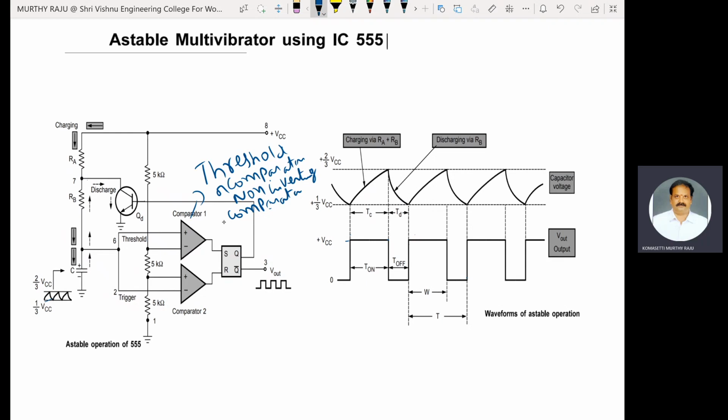Why is it a non-inverting comparator? Because the threshold voltage is connected to the non-inverting terminal of comparator 1.